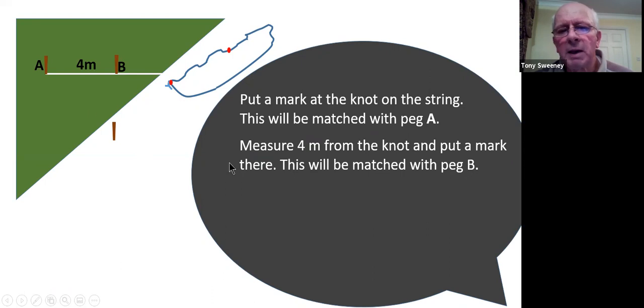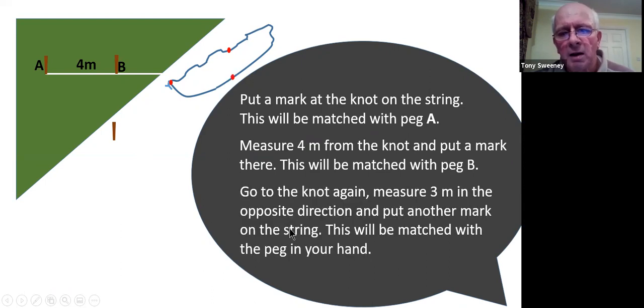This will be matched with peg B. Go to the knot again, measure 3 meters in the opposite direction and put another mark on the string. This will be matched with the peg in your hand.